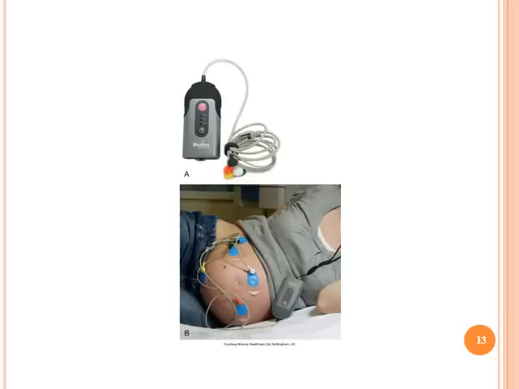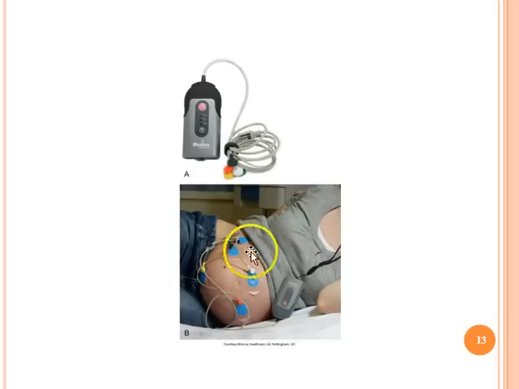This is figure 15-4 in your textbook, and this shows a wireless and beltless device that can be used with existing monitors to obtain fetal heart rate via abdominal electrocardiogram. And B is the electrodes placed on the maternal abdomen to monitor ECG from the fetal and maternal heart and electromyogram from uterine muscles.